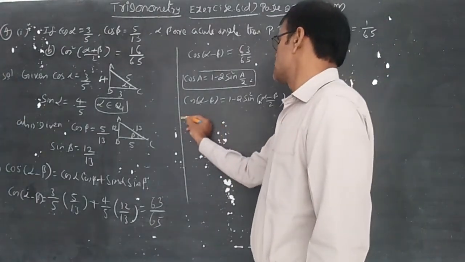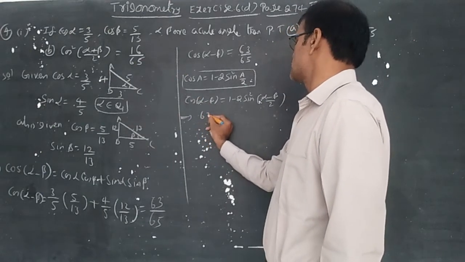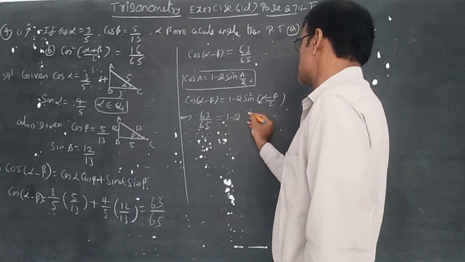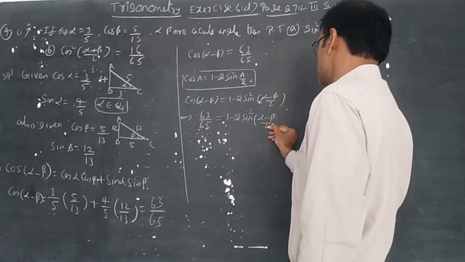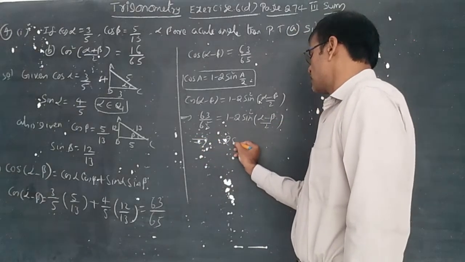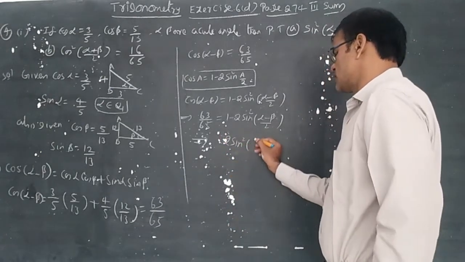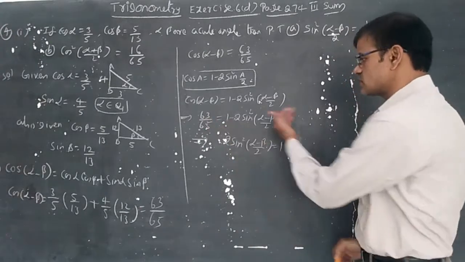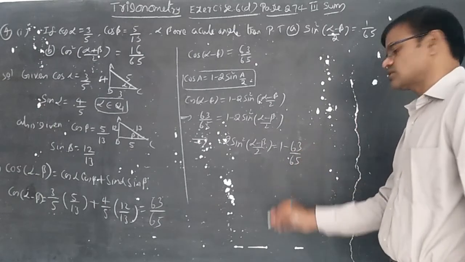That implies cos of (alpha minus beta), which we got as 63 by 65, is equal to 1 minus 2 sin square of (alpha minus beta) by 2. That implies 2 sin square of (alpha minus beta) by 2 is equal to, taking this term to this side, 1 minus 63 by 65.